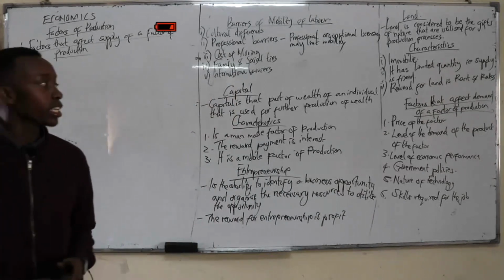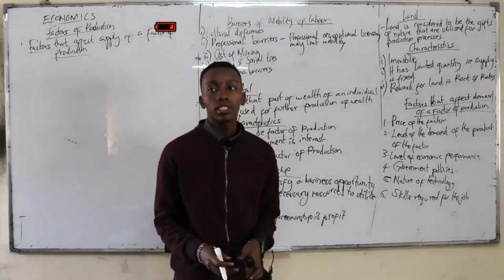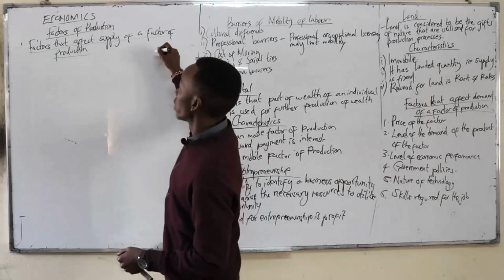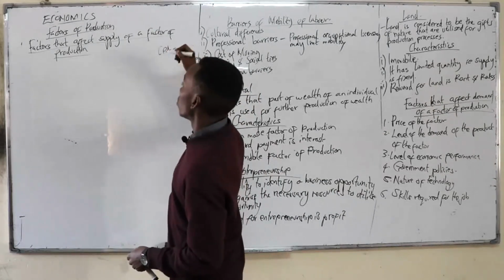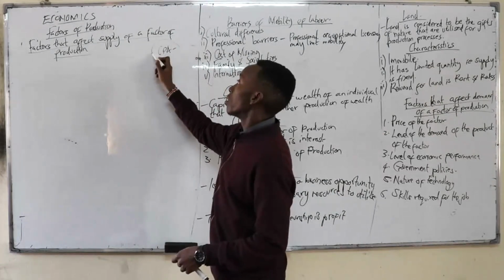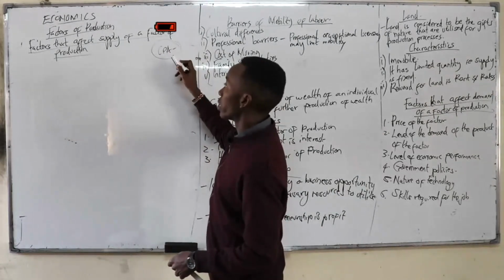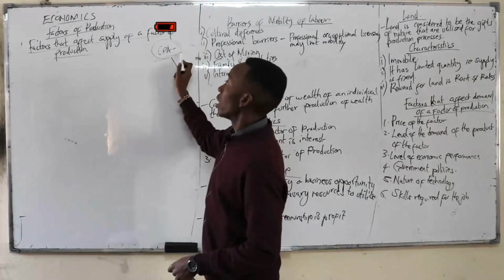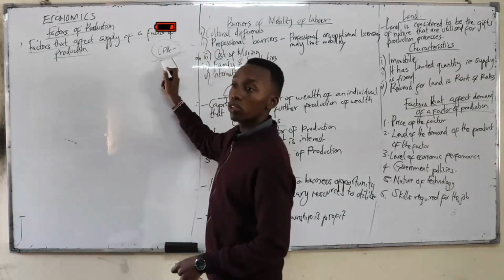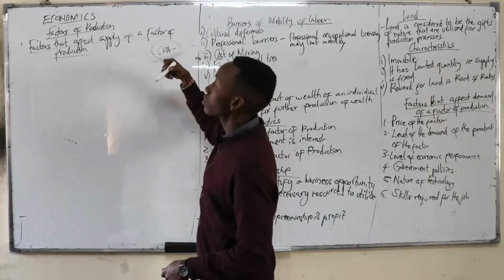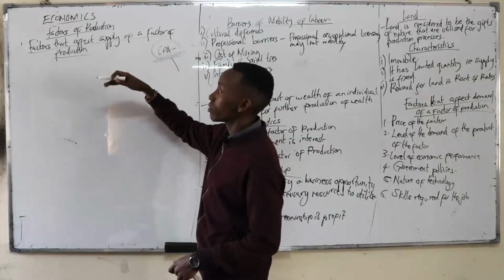So it's just like saying, for example, if you know that studying, let's say CPA, will make you earn as much money as you like, it means that more people will want to do CPA. That is the price of the factor of production in terms of the demand.